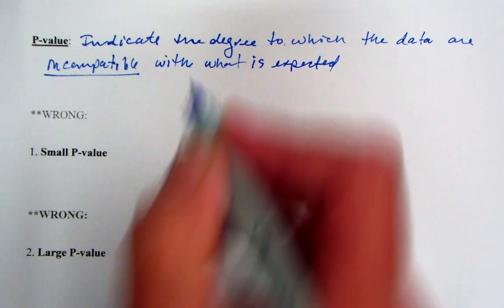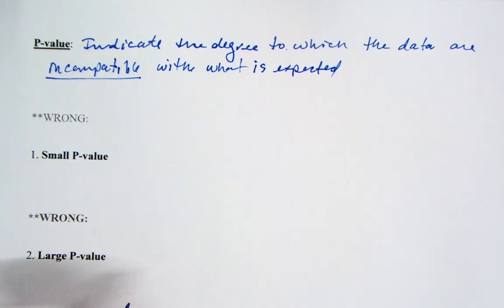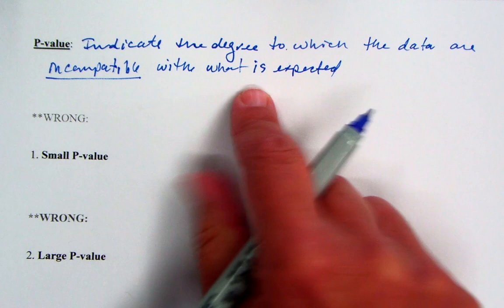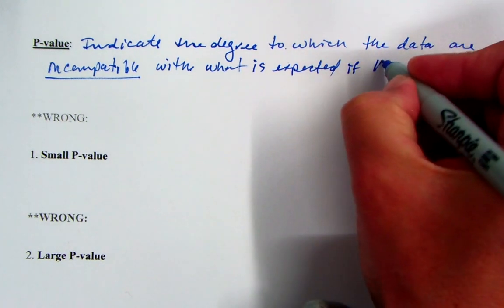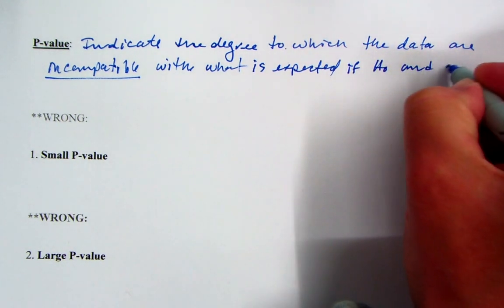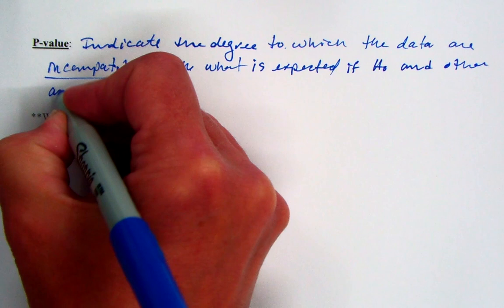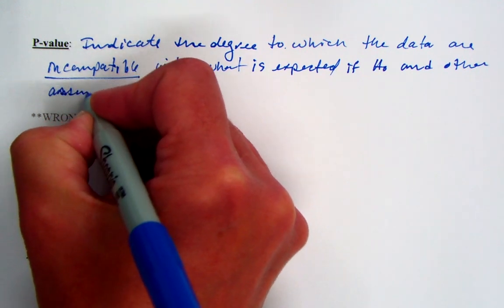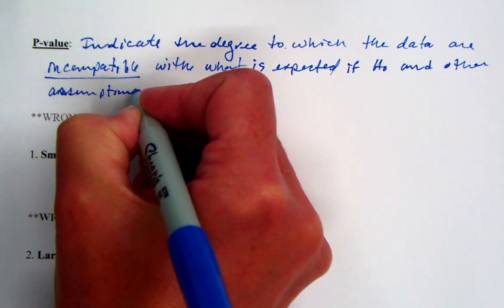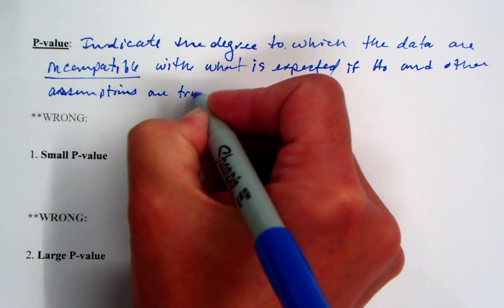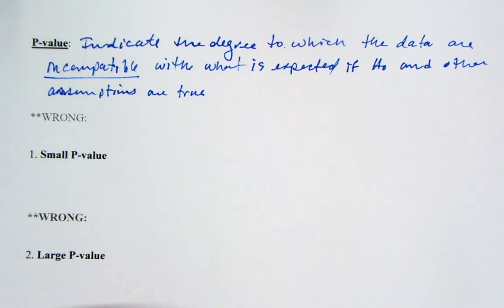Okay, so how incompatible is the data? Now, we have to say it's what is expected if the null and the other assumptions that we have to make are true. So we're going to get this percentage that measures the incompatibility of the data with what we expect from the null if the null and all the other assumptions are true.